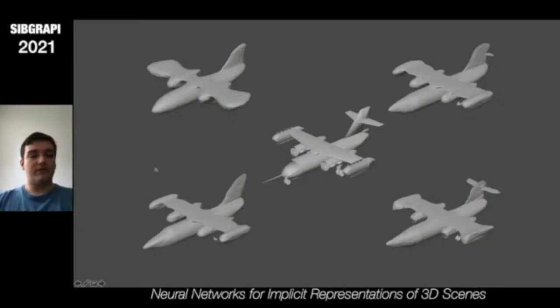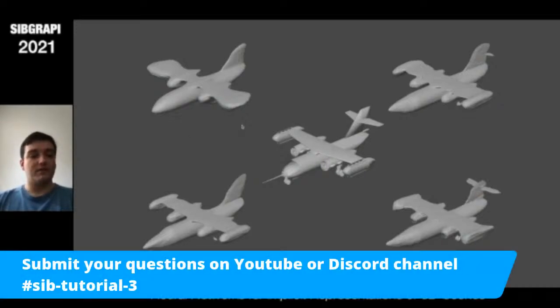So here at 100 epochs, we can already see that the outline of the plane is fairly well defined.